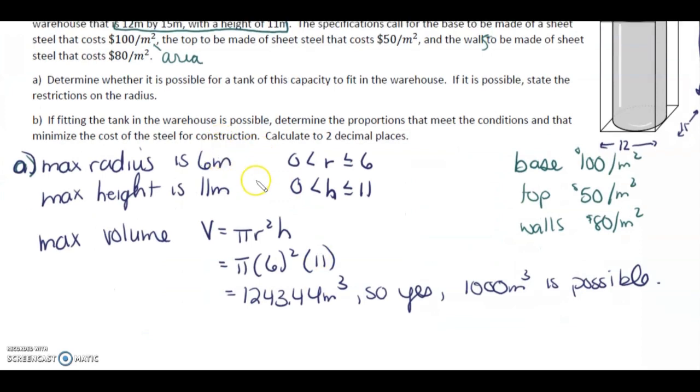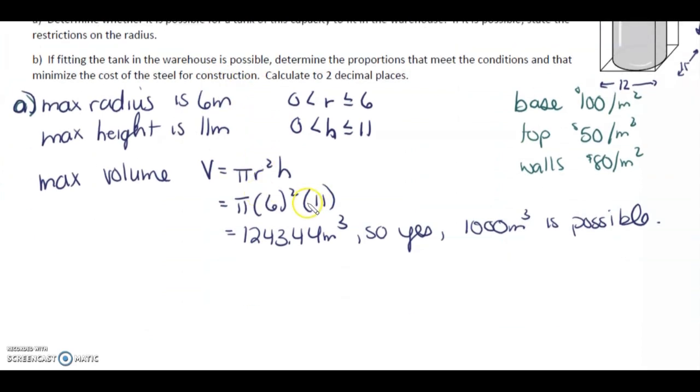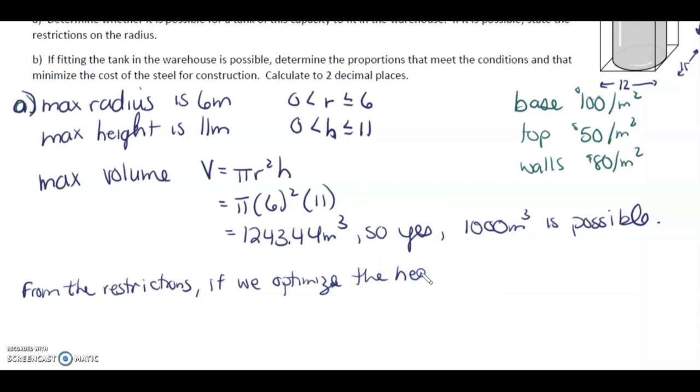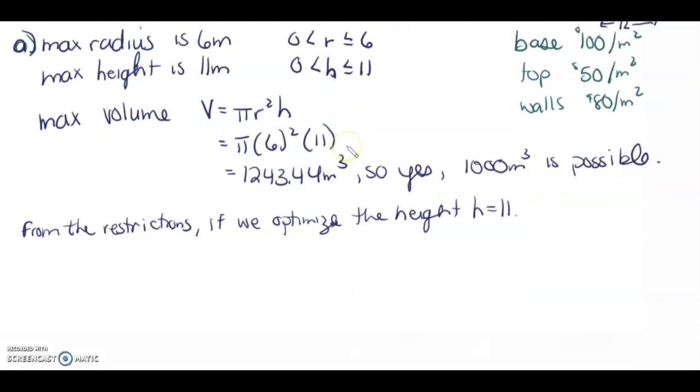Let's work with this. From the restrictions, write a little note: if we optimize the height as h equals 11, this is what will happen.